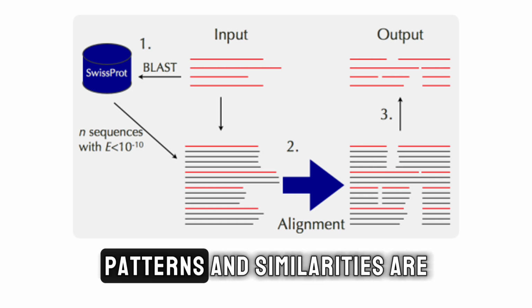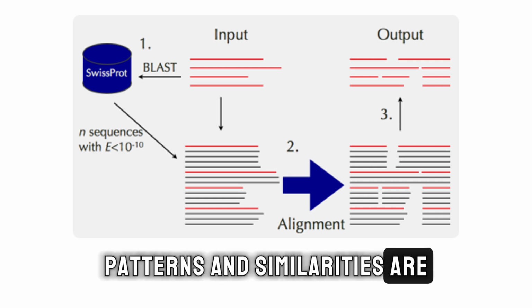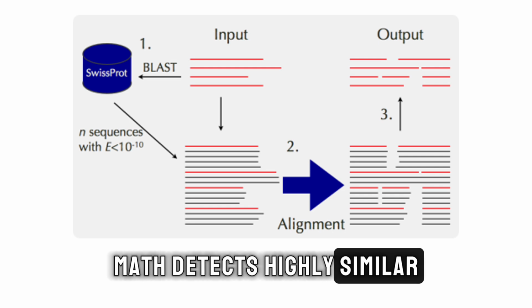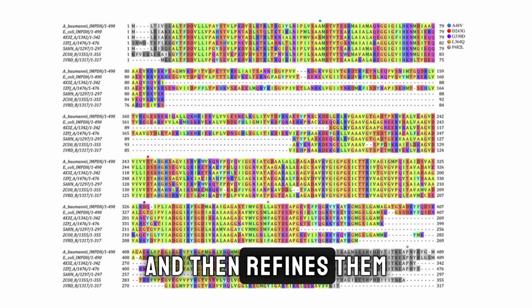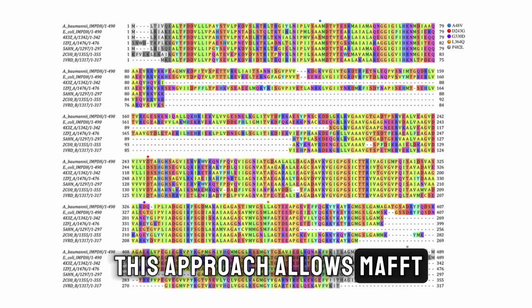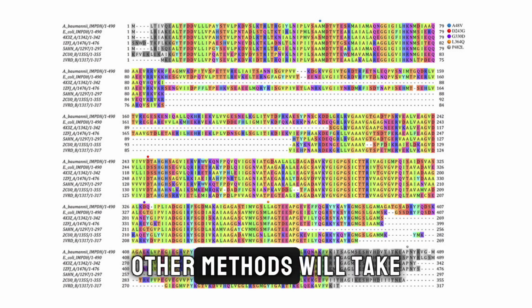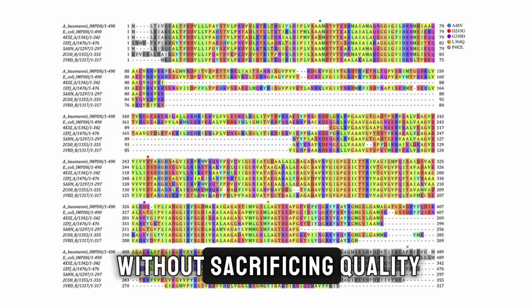In frequency space, patterns and similarities are easier and faster to detect. MAFFT detects highly similar regions and proposes alignment, and then refines them. This approach allows MAFFT to align thousands of sequences in a fraction of the time other methods will take, without sacrificing quality.